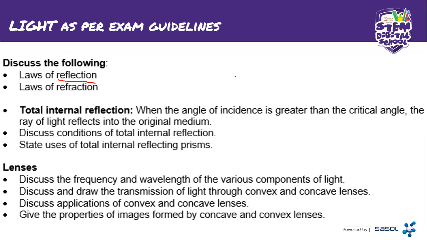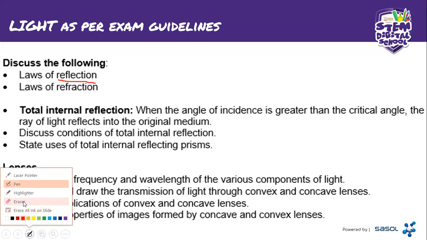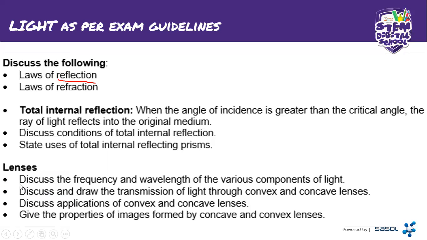This tells me, my learners, that there is no way that I will have total internal reflection if the angle of incidence is not greater than the critical angle. So the angle of incidence must be greater than the critical angle. And that is why the first part of the definition there, it says, when the angle of incidence is greater than the critical angle.